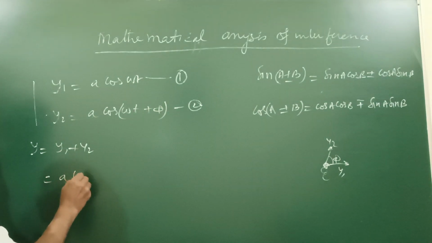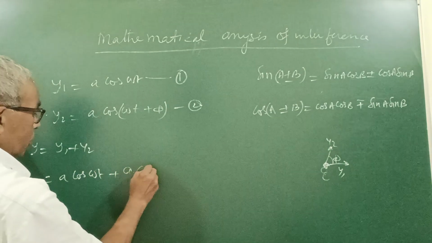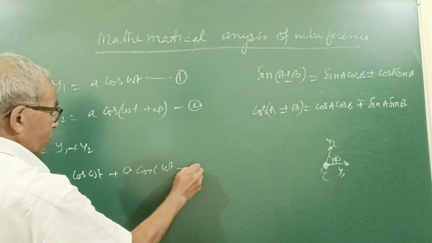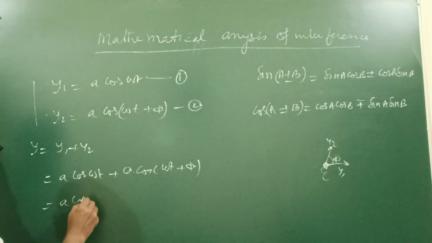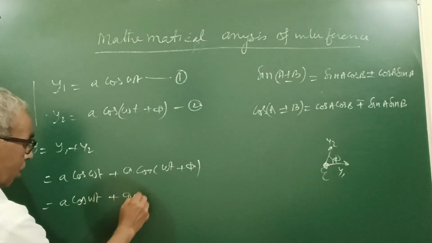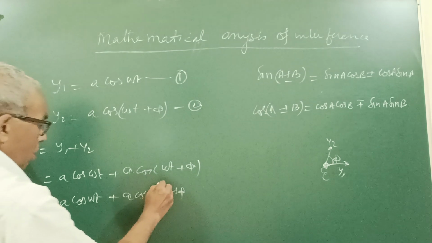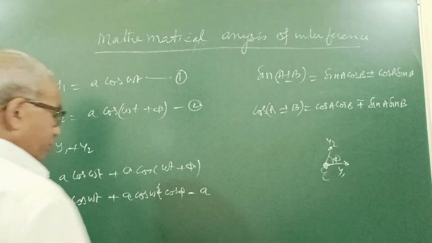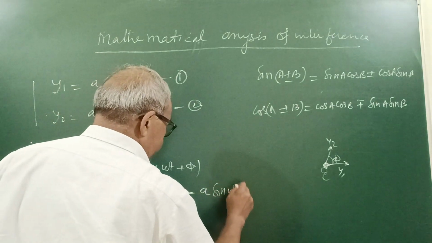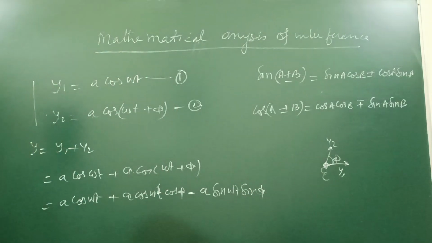It comes out A cos omega t plus A cos omega t plus phi, or it is A cos omega t plus A cos omega t cos phi, minus A sin omega t sin phi. So this way we get this solution.